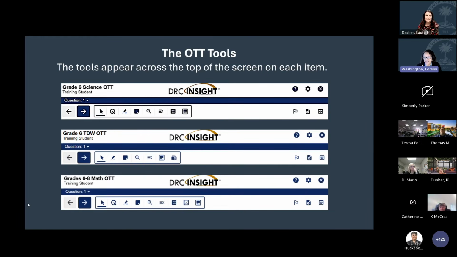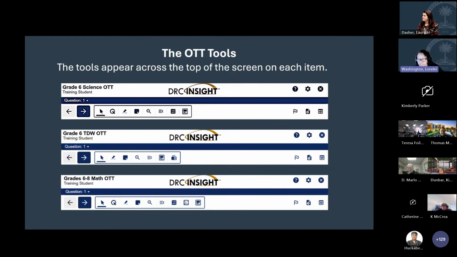On the next slide, we just have some tools. Depending on the grade level and the item type, the toolbar or the menu bar may change. For example, if you look at the first example from the 6th grade science OTT, you can see that it has the calculators and things of that nature for that particular grade level and item type.